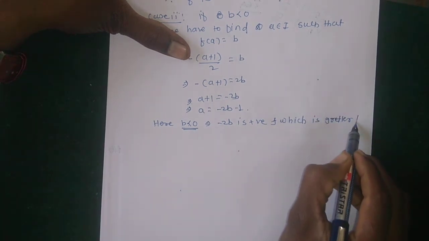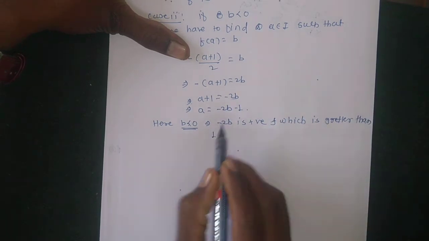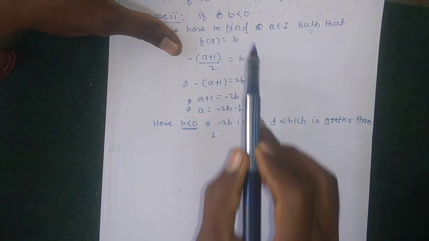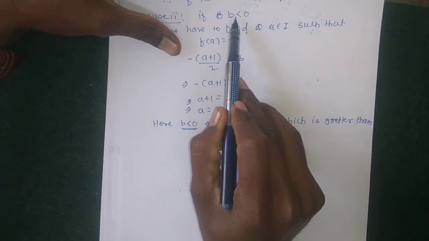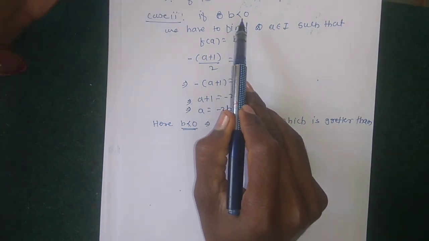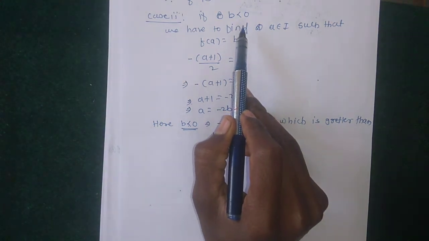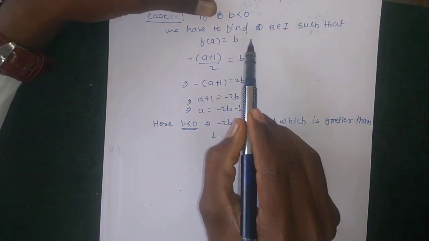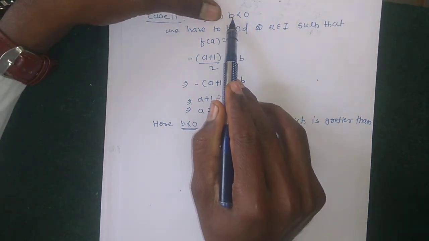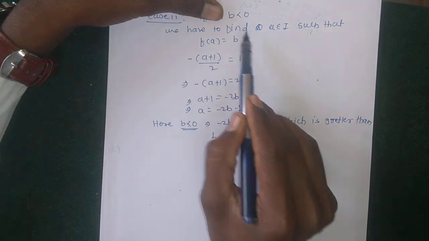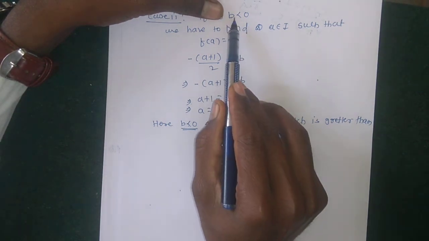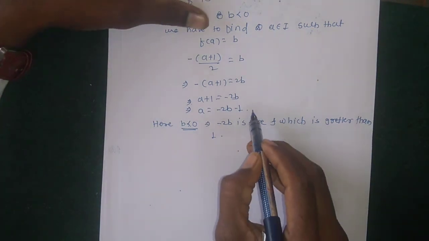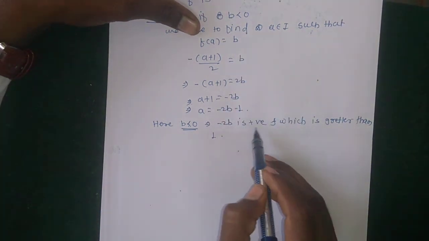Why is it greater than 1? Because b is strictly less than 0, and b belongs to the integers, so b is -1, -2, and so on. Its value is at least -1, and multiplying by -2, -2 times -1 gives 2, so its value is at least 2, which is greater than 1.